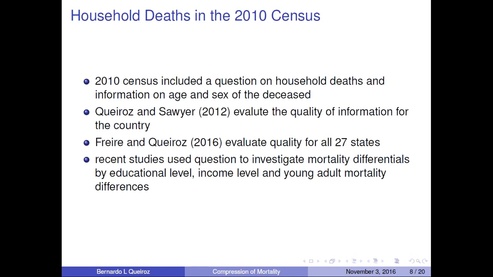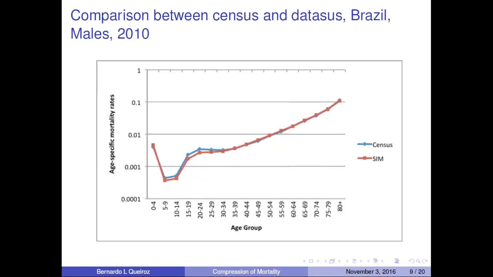And one interesting thing being done using the census data is to investigate mortality differentials. There are some studies on mortality levels by education and income level, and some focus on young adult mortality differences. But the main thing we found was pointed out by Rob just now. This is comparing the census data in the blue line and the Ministry of Health database in the red line.